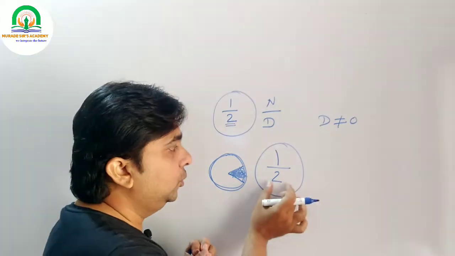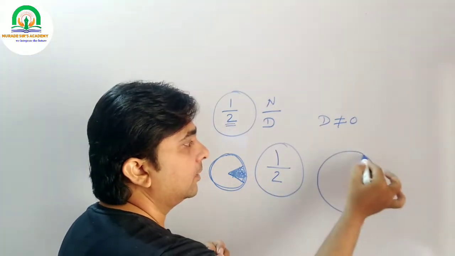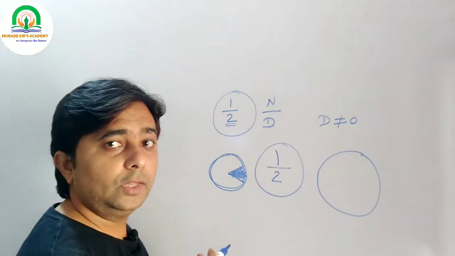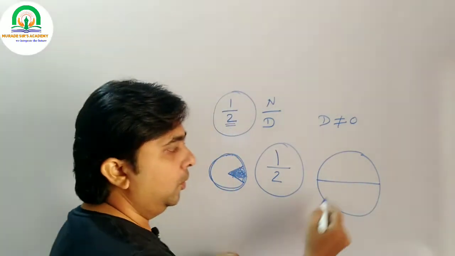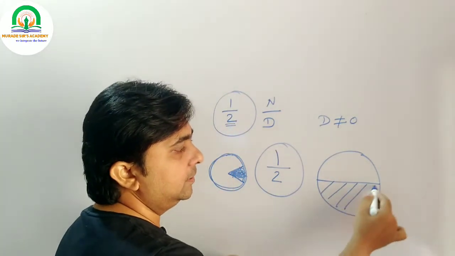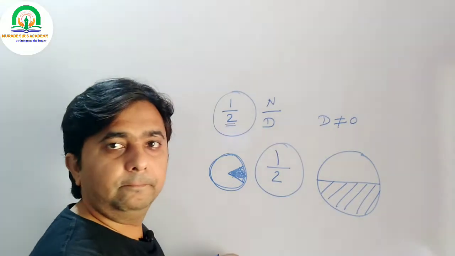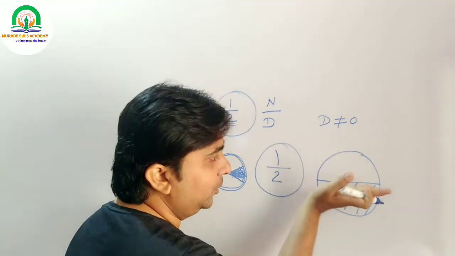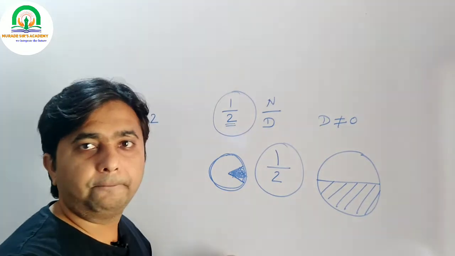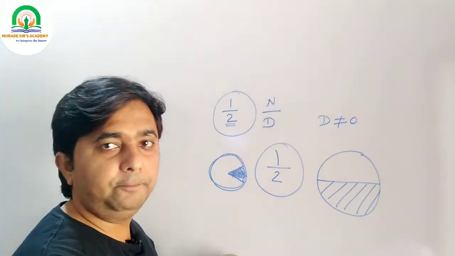This is a whole, and I took this part, the middle of 2, 1 divided by 2, which is a half. Okay, this is the half portion.